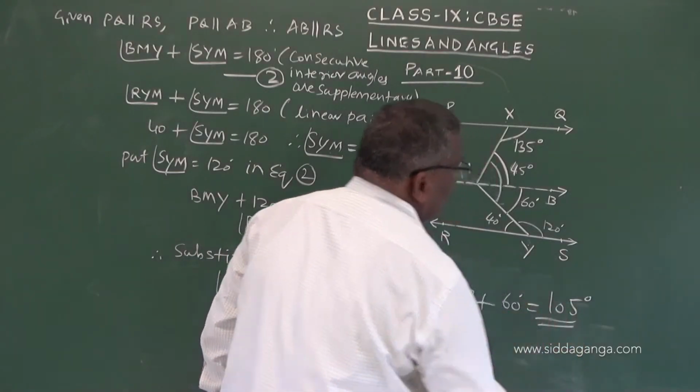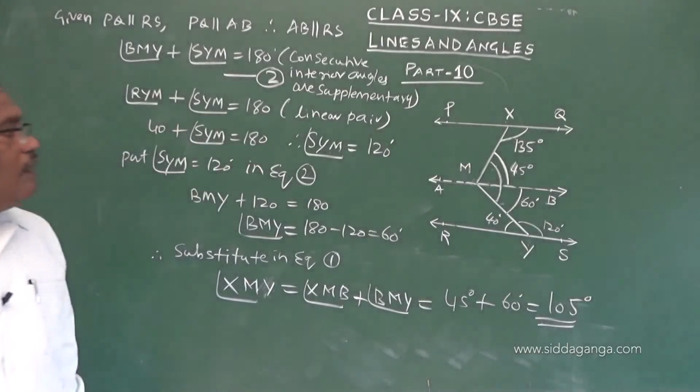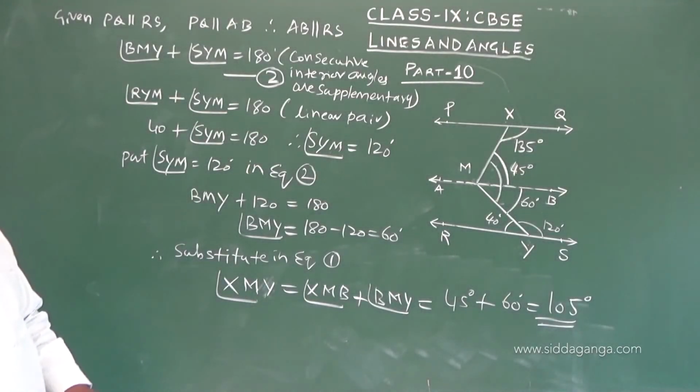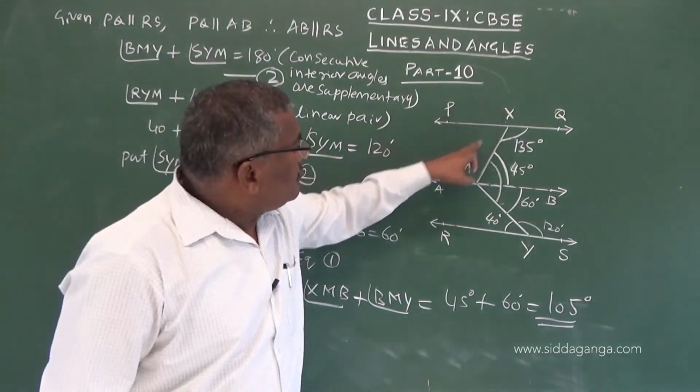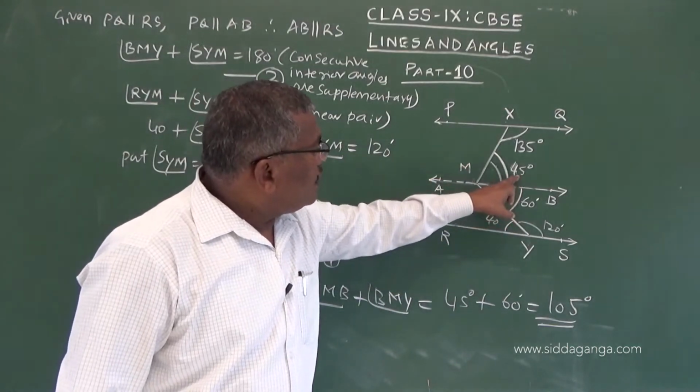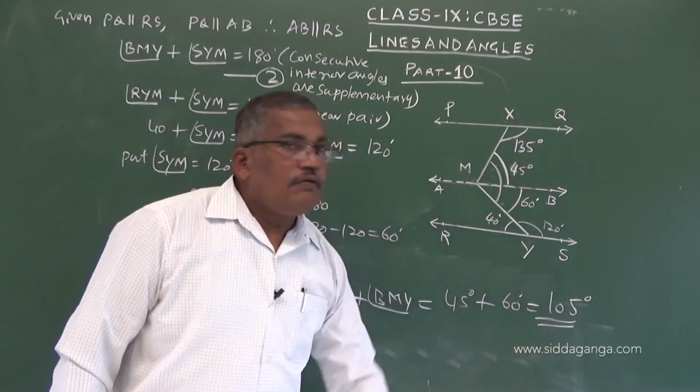So this is what is asked. XMY is 45 plus 60, that is 105.